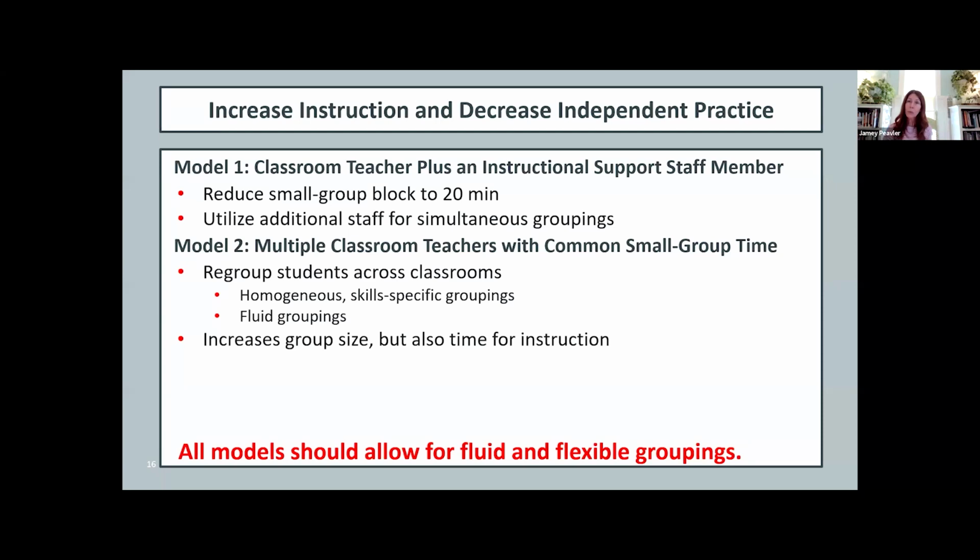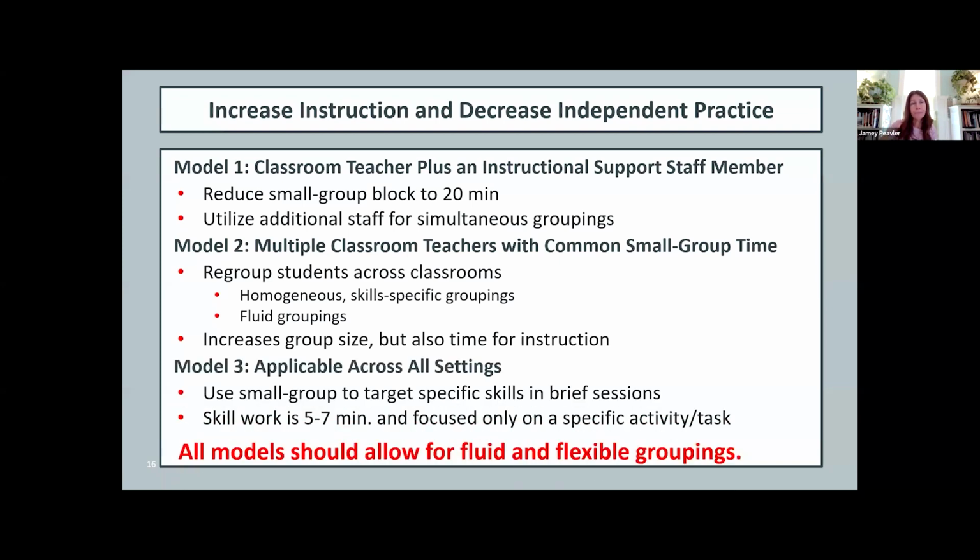The challenge with this one is it might make it hard to have as much fluidity in those groupings because it involves a little bit of coordination. It also does increase group size, which isn't a bad idea if, again, the groups have similar needs. It's the homogeneity here that's essential.